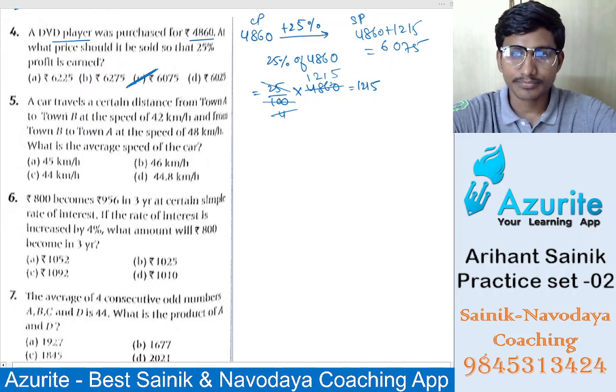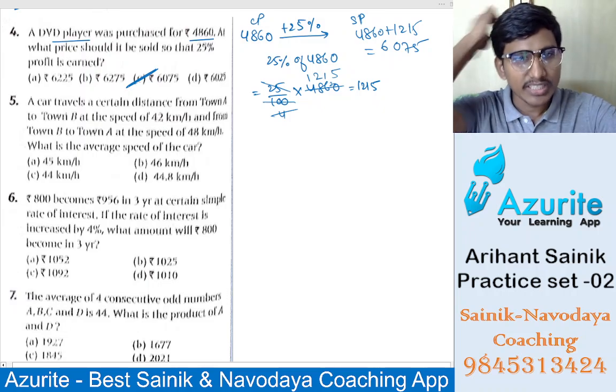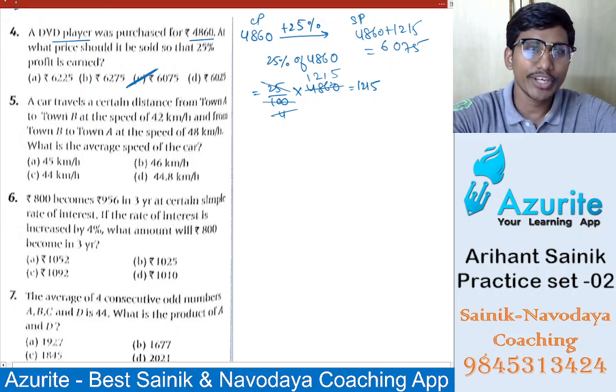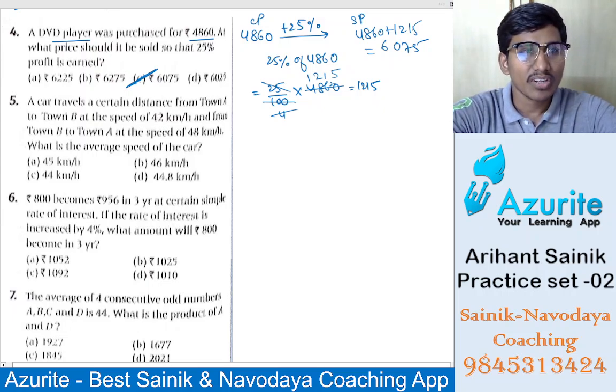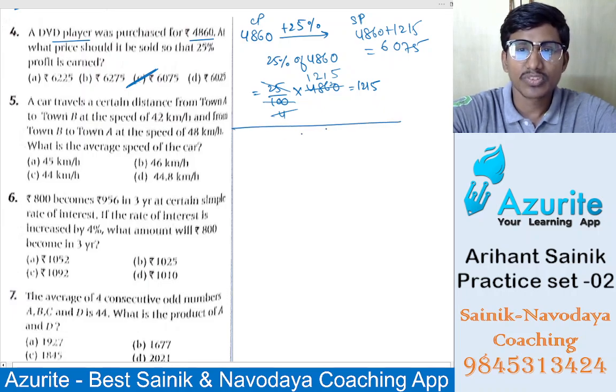So students, next question, that is fifth. A car travels a certain distance from town A to town B at a speed of 42 km per hour, and from town B to town A at a speed of 48 km per hour. What is the average speed of the car?